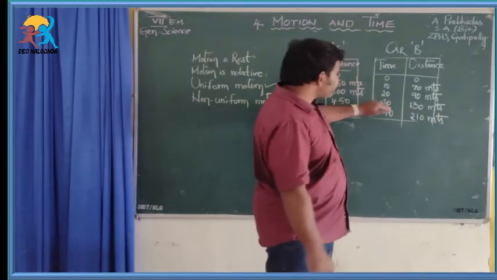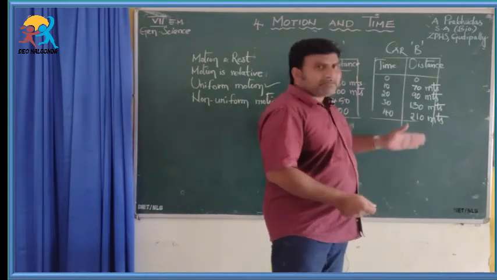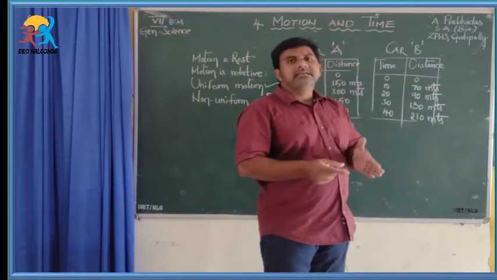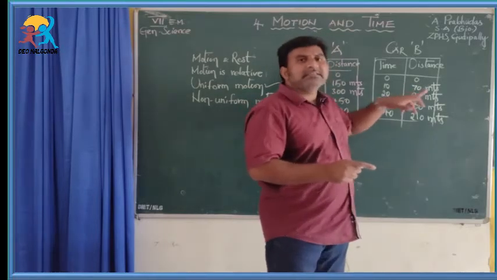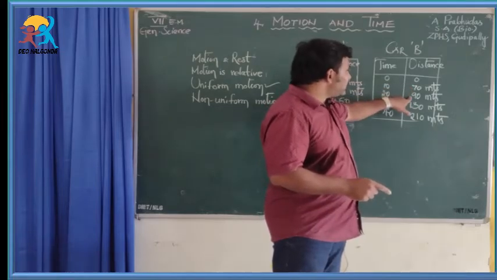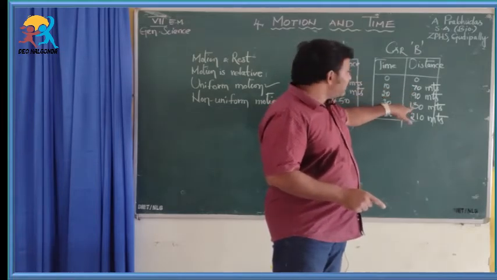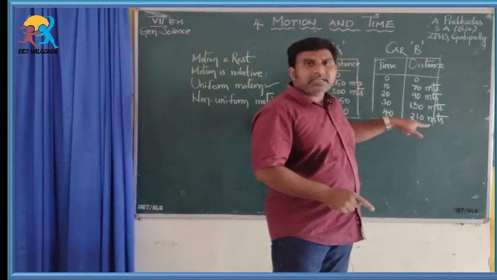So here at each interval of time the distance travelled by the car is not uniform, it is not the same. Sometimes it is 70 meters, sometimes it is 90 meters and sometimes it is 130 meters, sometimes it is 210 meters.